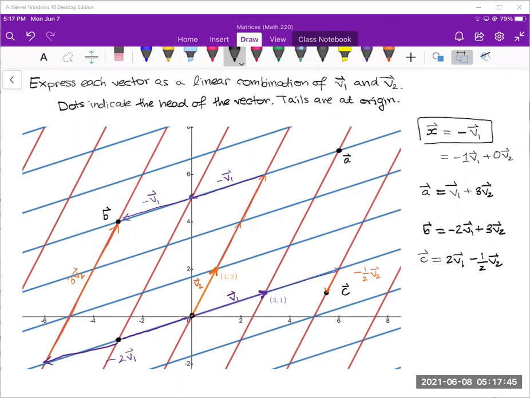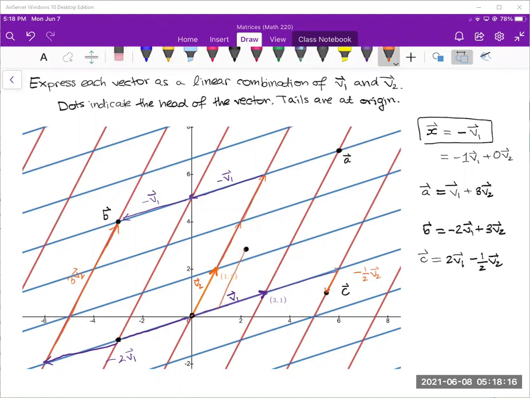And in fact, if we want to get to any vector that we like, let's choose one, maybe here, any vector head that we like, we can arrive there by going some amount of v1 with then as well something in the direction parallel to v2.